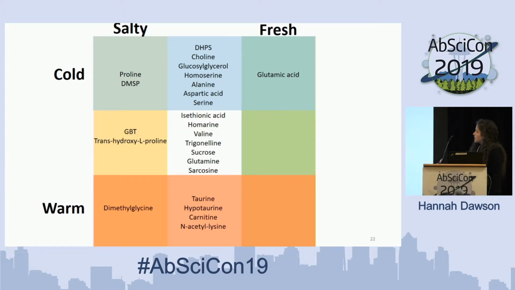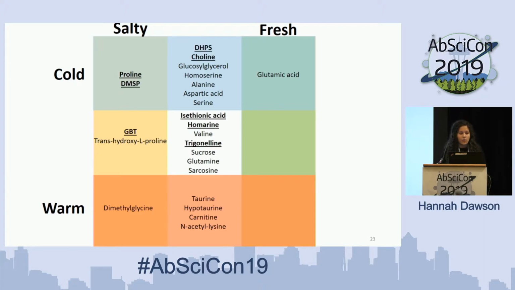We would expect compatible solutes to fall mainly up here, higher in abundance in the cold and salty treatment, but we saw some respond that way, and some respond only in higher abundance in just the cold treatment or just the salty treatment. Another group responded either oppositely or had mixed reactions to what we'd expect for compatible solute action, and another group were not significantly changed in response to any of the temperature or salinity treatments we used here. So we're seeing a really broad reaction to these conditions.